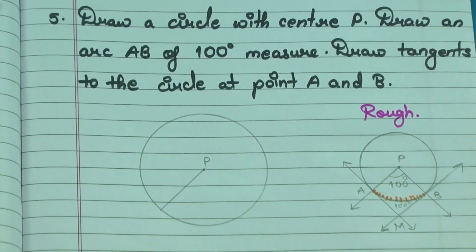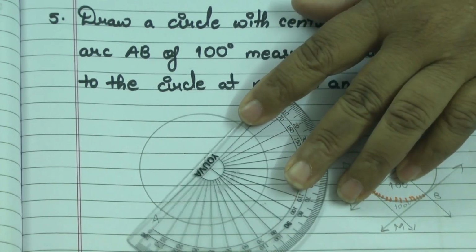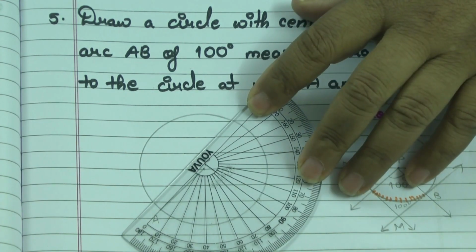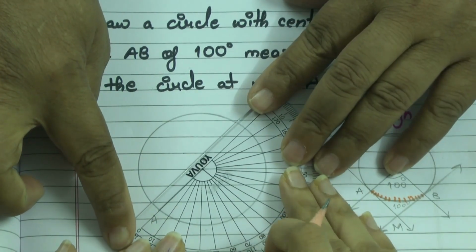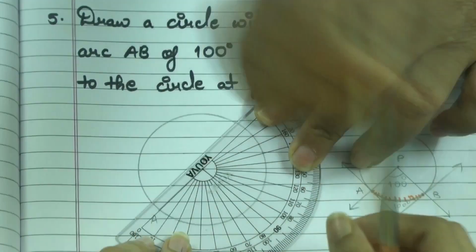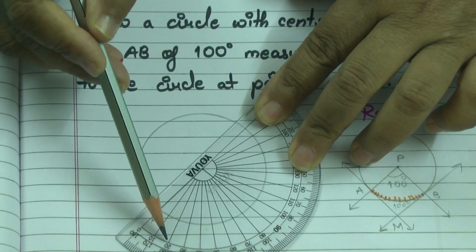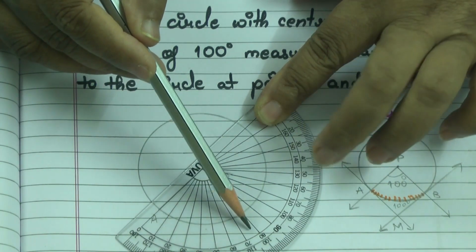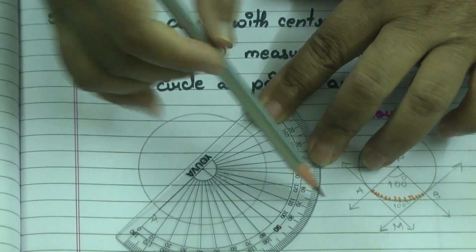Mark it as A. Now take the protractor as it is told, to draw an arc of 100 degree. So measure from here: 10, 20, 30, 40, 50, 60, 70, 80, 90, 100. Mark 100.